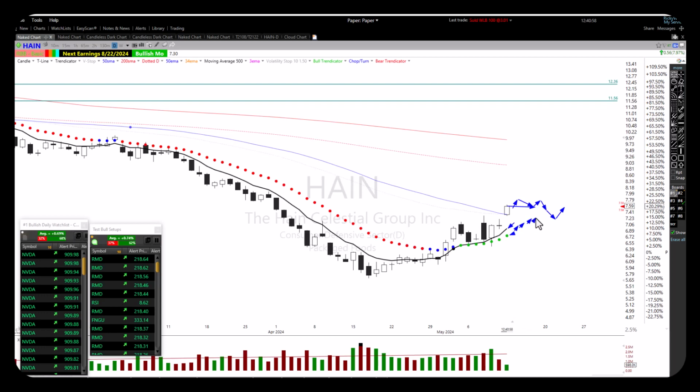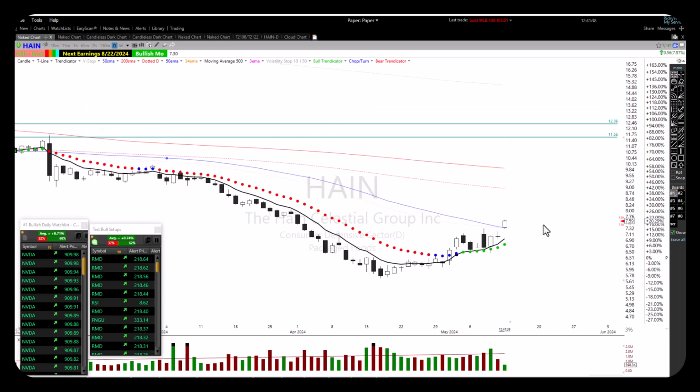You don't need bullishness to get the T-line and trend indicator to climb. It just has to stay above the 50 to do that. So, great chart. A little early for me for buying in there. A little early for me.